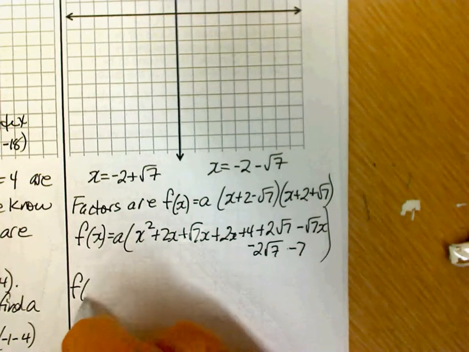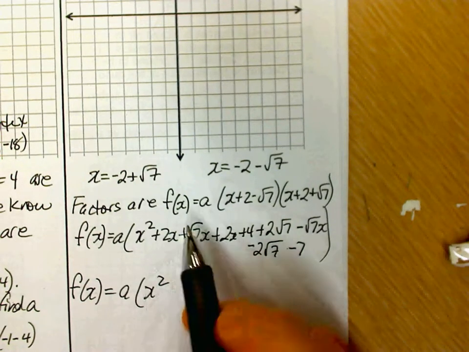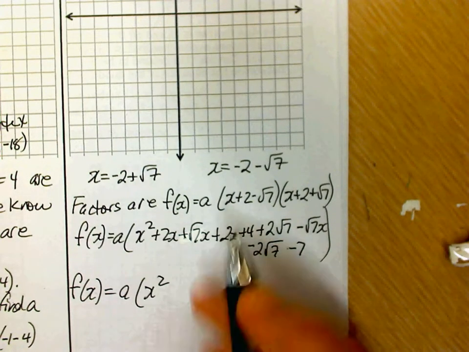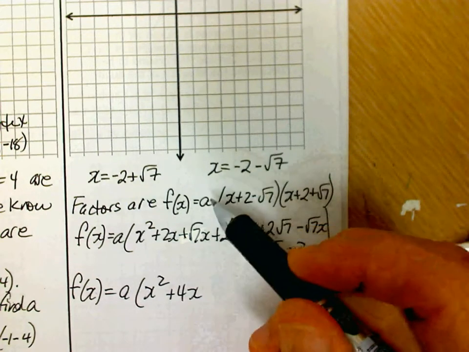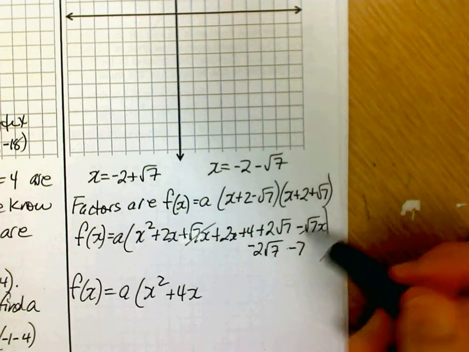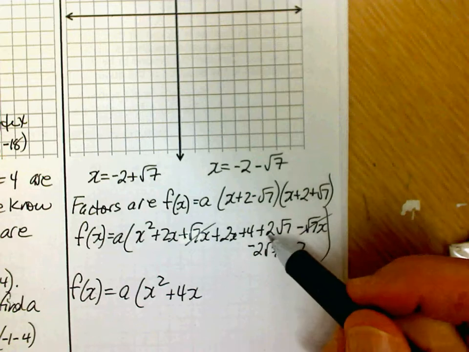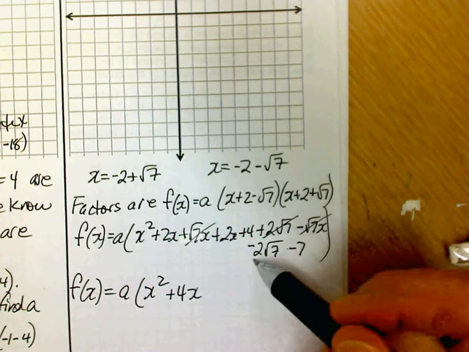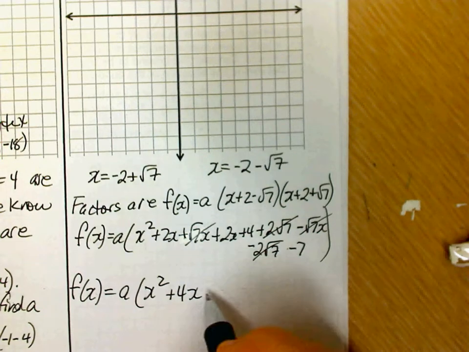Okay. f(x) equals a times x squared, then 2x plus 2x is 4x, and √7x minus √7x cancels, and 2√7 minus 2√7 cancels. So we got 4 minus 7 is -3.